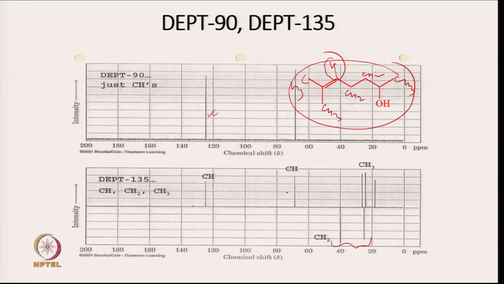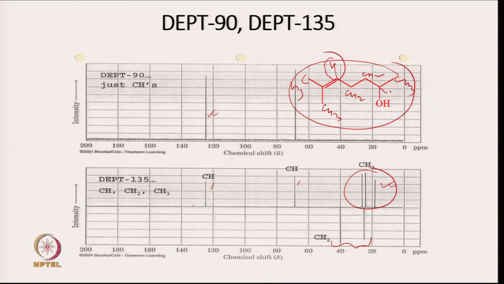CH will come at higher chemical shift in comparison to CH3, and this is your CH peak and this is your CH3 peak. Since there are three different kinds of CH3, you got three different CH3 peaks.